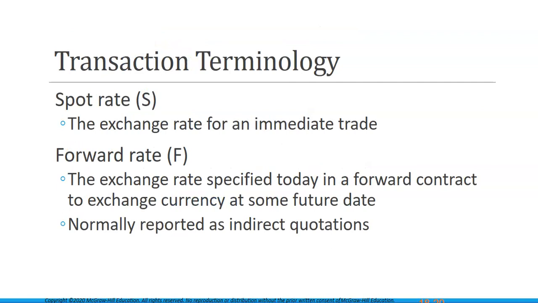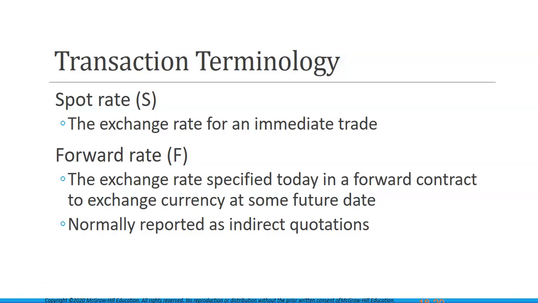We continue to more currency. So we have the spot rate and the forward rate. The spot rate is the exchange rate for an immediate trade. So if you go into a bank today or go to a foreign market or Forex and trade one currency for another, the exchange rate you get right at that moment is the spot rate.